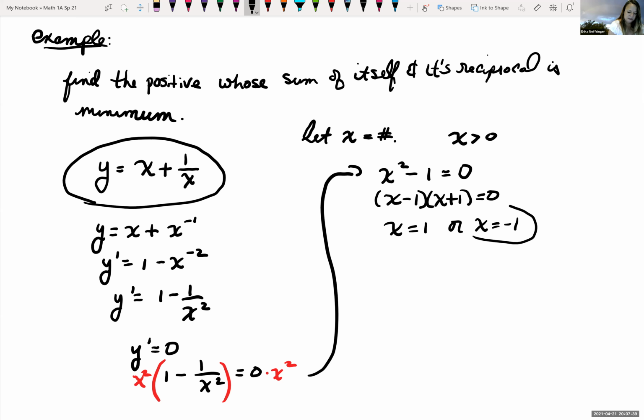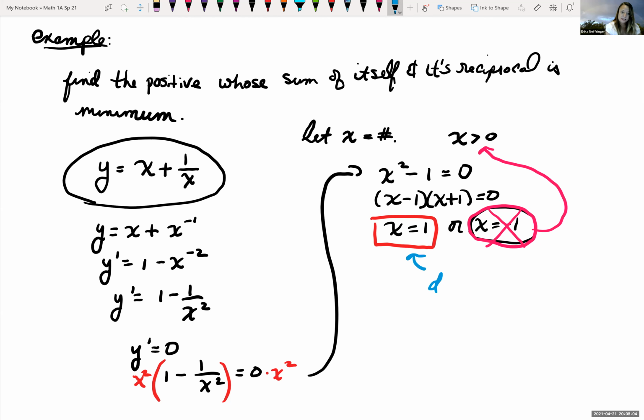But x equals negative 1 does not fall in this domain where x has to be a positive number. So this one doesn't work. And so we can see that x equals 1 looks like this is what it's going to minimize. We need to check this though. Does this really minimize this? Maybe we found a critical number that was a max.